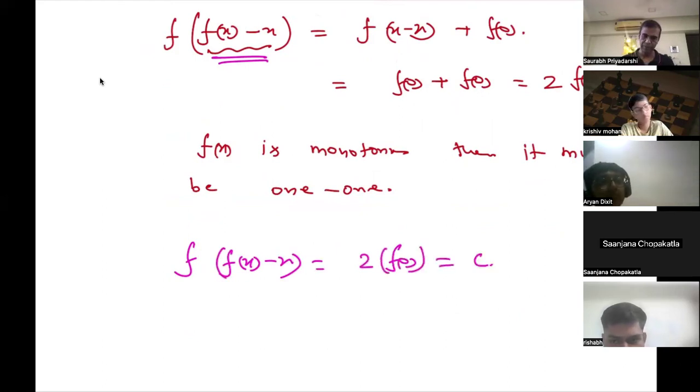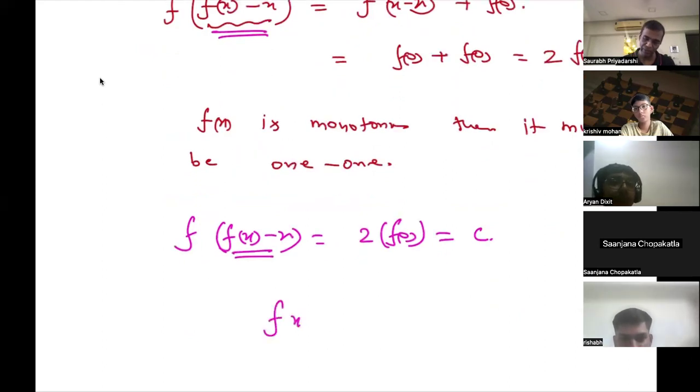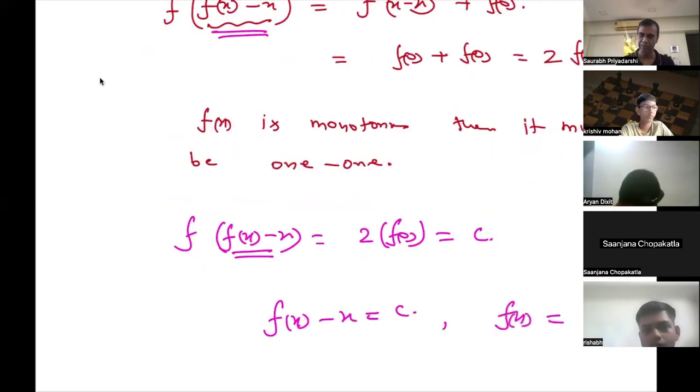Some constant c. So I can say f(x) minus x is such that this is an increasing function. So f(x) minus x is equal to some constant c, so f(x) is equal to x plus c. Is this okay?